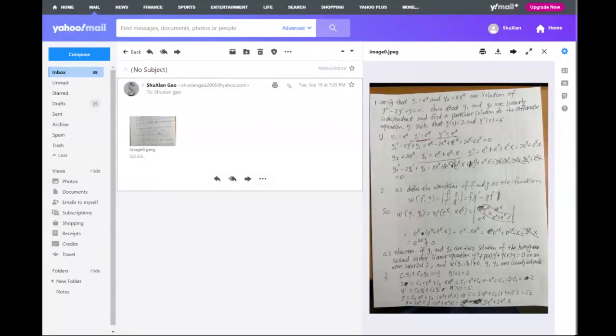So finally, the result is 0. So y2 is a solution of the equation. So y1 and y2 are both solutions of this equation.